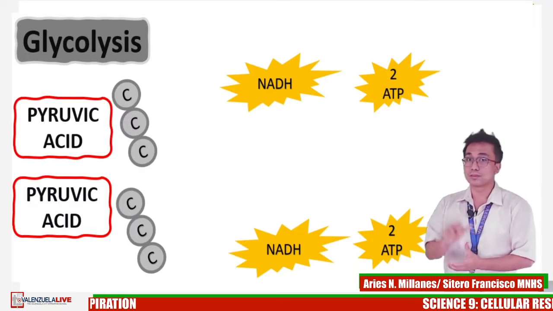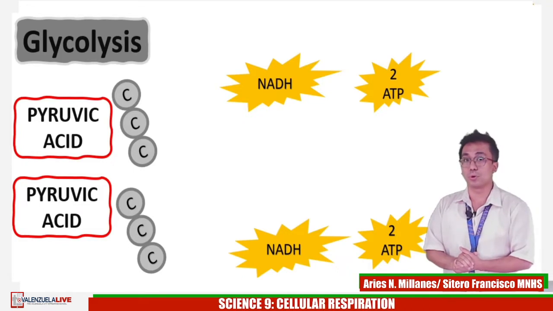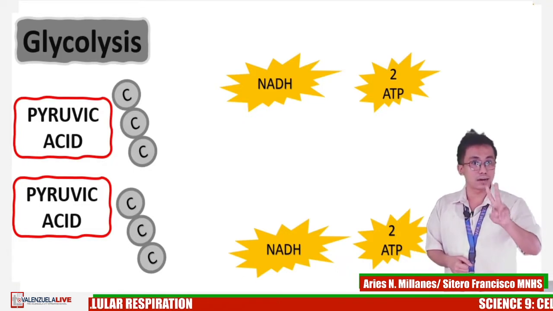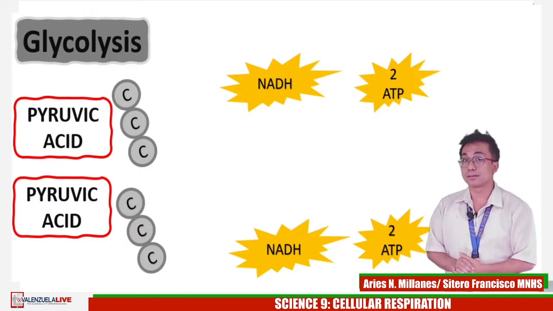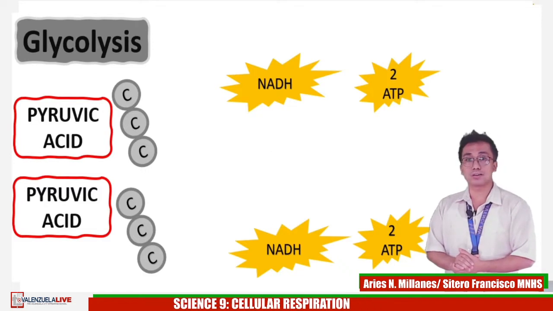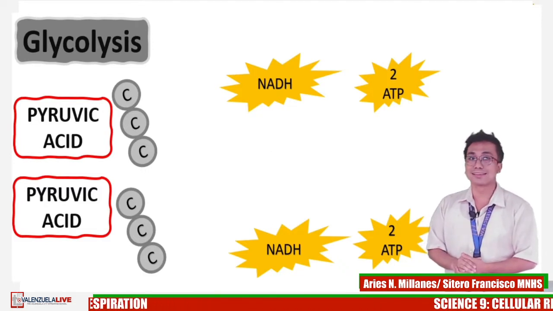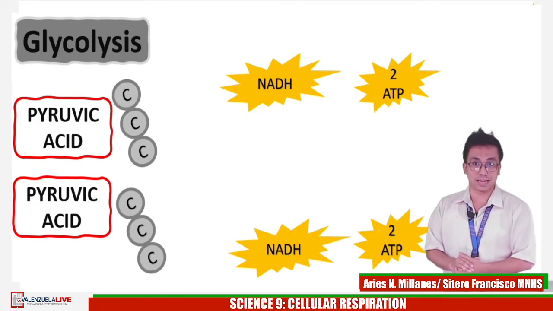However, 2 ATPs were used to break down glucose to PGAL. So, 2 ATPs are left and will be the final output.